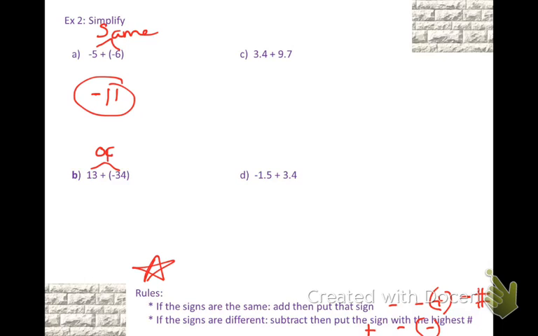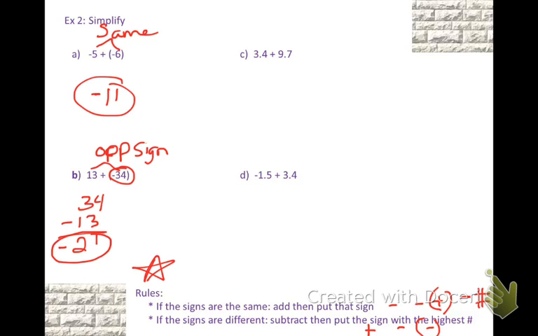So we are going to subtract, 34 minus 13, and that will get you 21, and then the 34 is the bigger number, and it's a negative, so it would be -21.